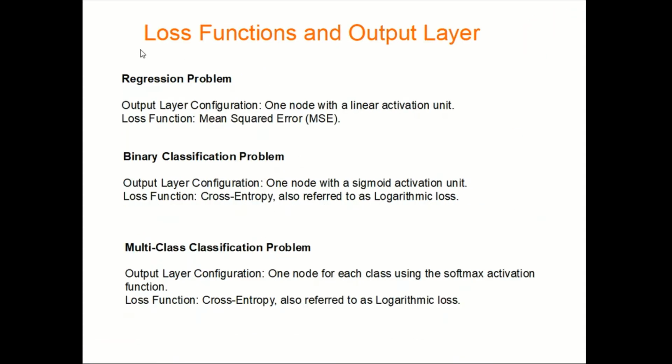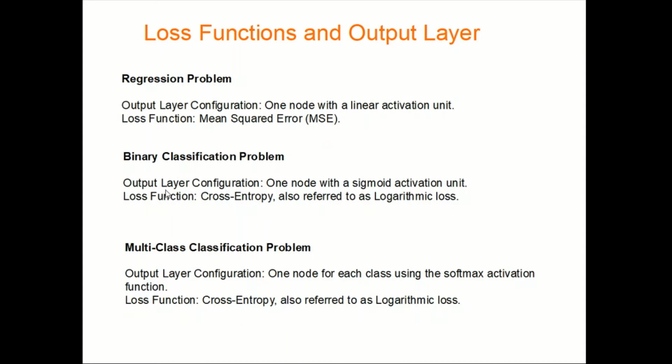Now, how do the loss function and the output layers relate? For regression problems, we have this output layer configuration: the output layer will be one node with a linear activation unit, because it's a regression problem, right? And the loss that we will be using is the mean squared error.